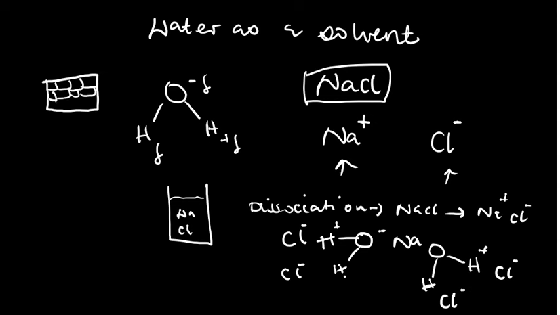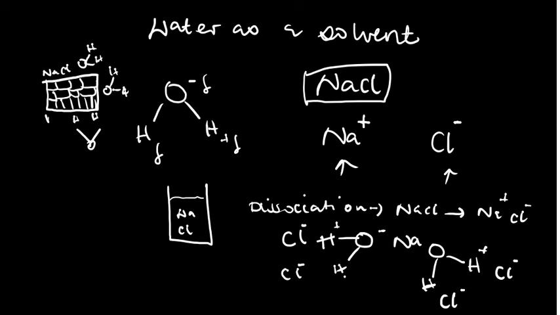If this is a lattice, there are so many atoms of sodium chloride in one salt. So water molecules are going to surround this lattice, according to what they are being attracted to, according to what side.